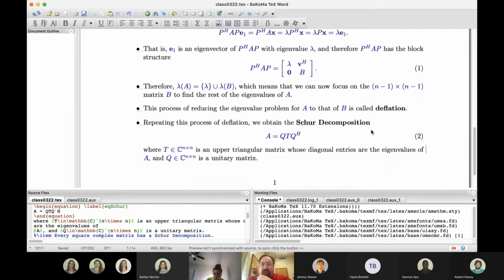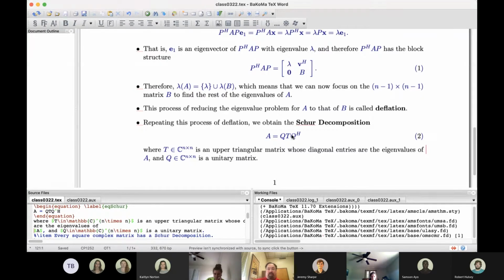It's called the Schur decomposition. A is equal to a unitary matrix Q, or if Q is real, it'll be orthogonal, times an upper triangular matrix T, times the Hermitian transpose of Q. Since T is upper triangular and has the same eigenvalues as A, the diagonal entries of T are the eigenvalues of A. So this is our eigenvalue revealing form.